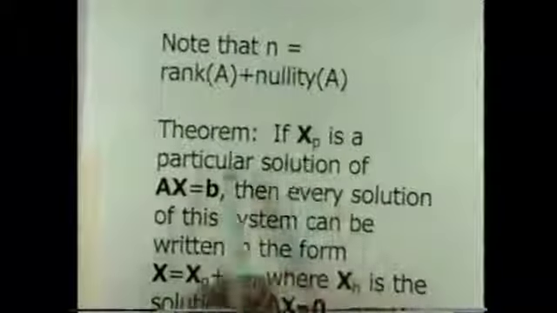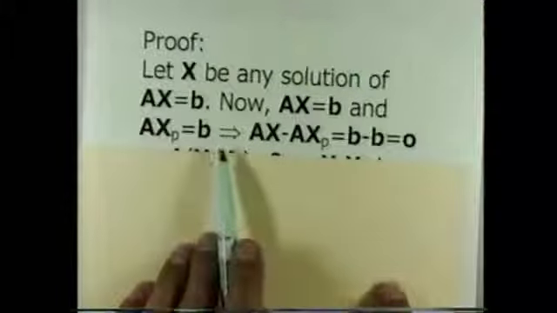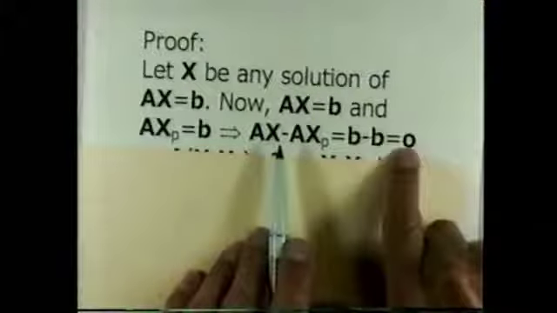So x is going to be any solution, and xp is going to be a particular solution. So Ax equals b and Axp equals b implies that Ax minus Axp is equal to 0, because that would be just b minus b, which is 0.